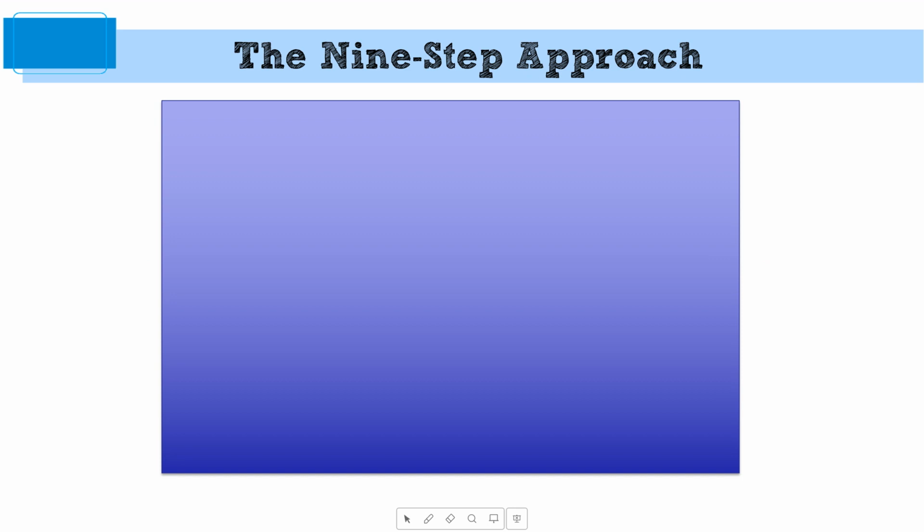I forgot. You need to know the 9-step approach before we use the 9-step approach. I'm really good at my job. Number 1, draw a picture. Make it look pretty. And label that picture with anything that you know. By the way, many of these 9 steps will become more apparent as we start working through problems.